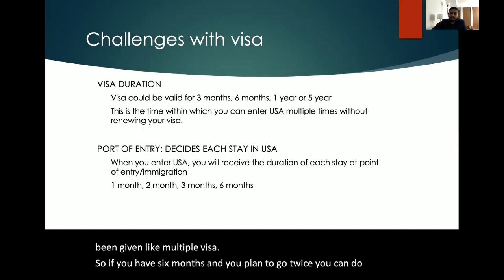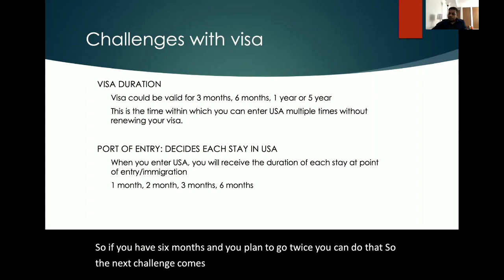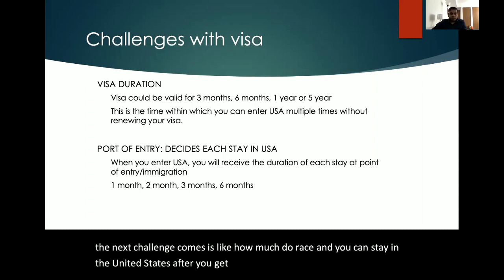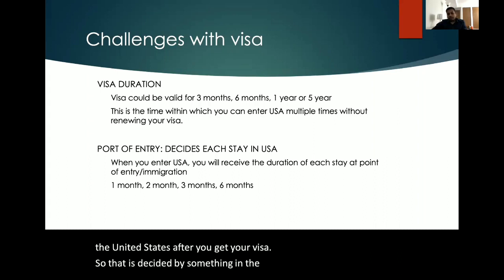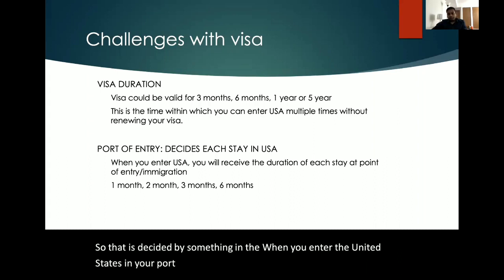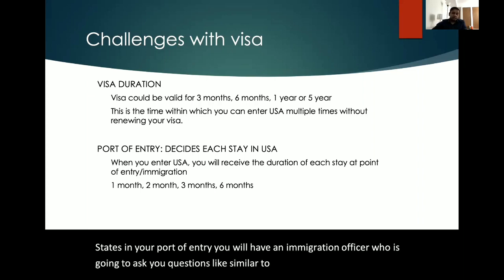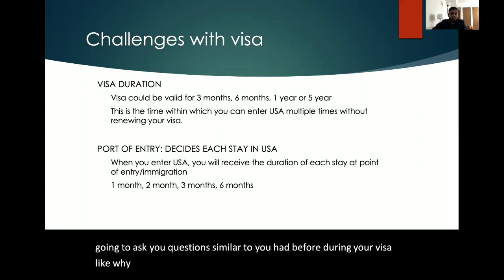The next challenge is how long you can stay in the United States after you get your visa. That is decided when you enter the United States at your port of entry. You'll have an immigration officer who is going to ask you questions similar to those you had during your visa, like why you came here, what you are planning to do, where you are planning to go.